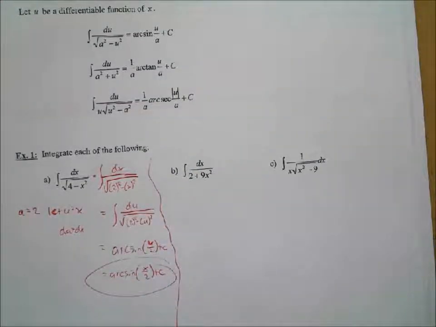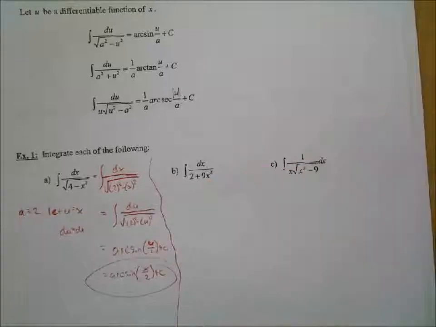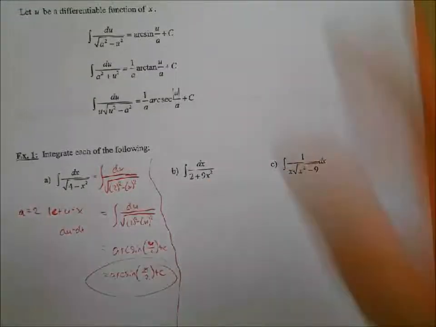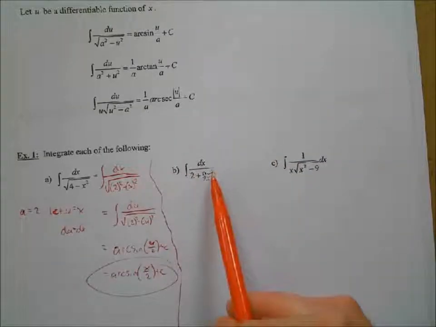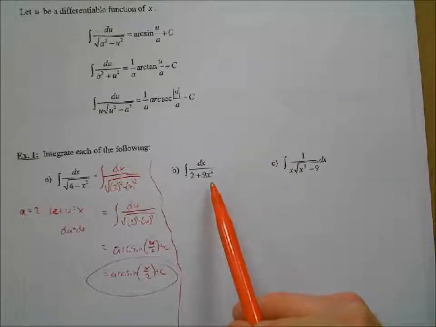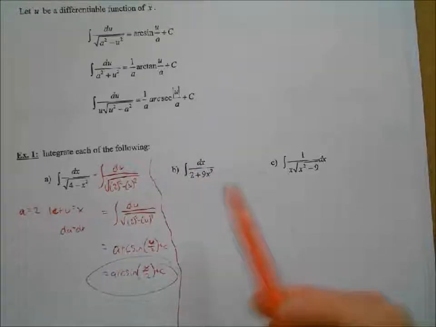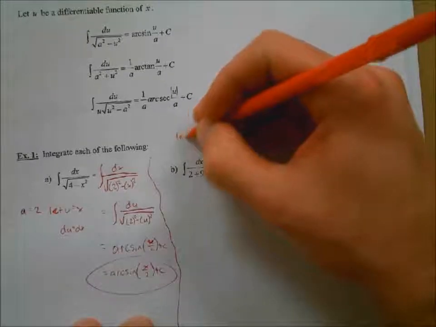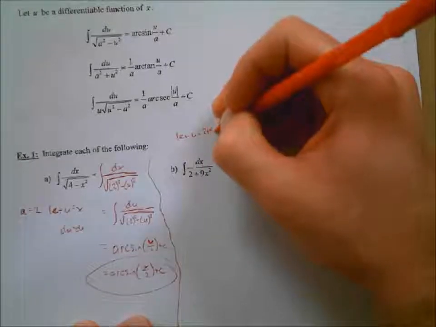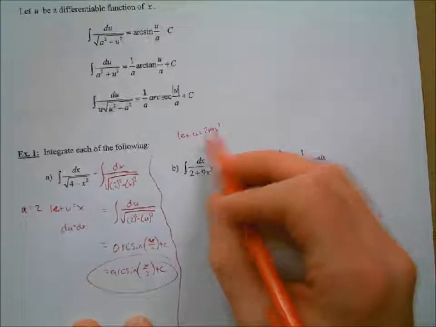Now, you notice here, again, in the wild, if I were to throw this problem at you without the context of inverse trig, you might look at this and say, oh, Mr. Wig, we should let u be 2 plus 9x squared, just let the whole denominator be our u. But if I take the derivative of this, what do we end up with?